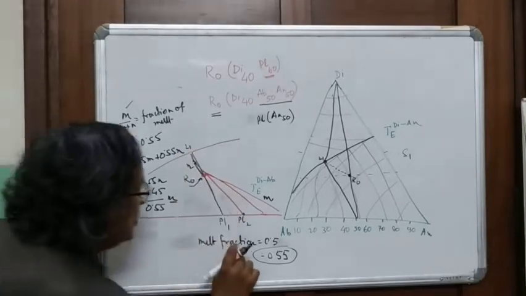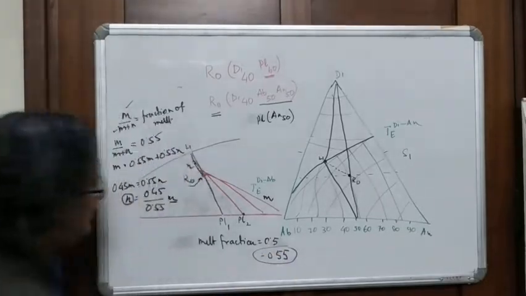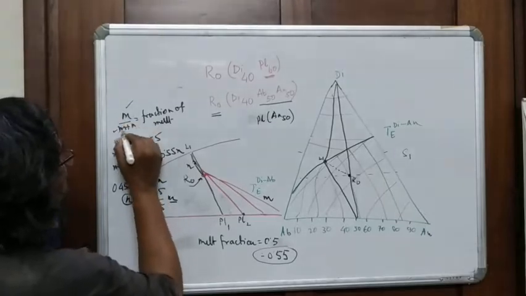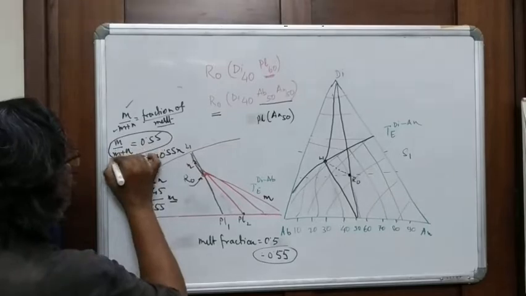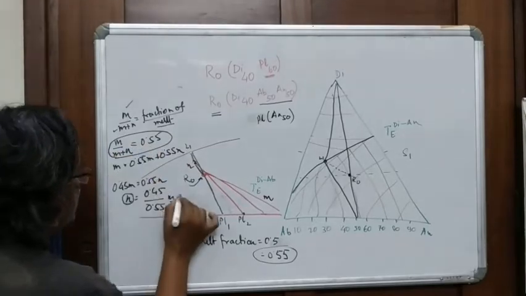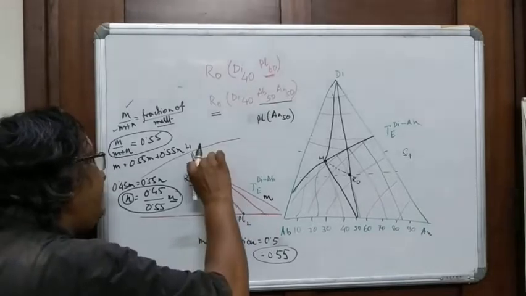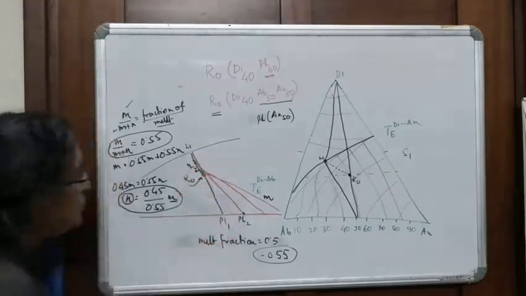So now you want to increase the melt fraction to 0.55. Then you take m divided by m plus n as the fraction of the melt. So you do this, m into 0.55, from which you get this value. So if you know m, you can find out the n. So at the end of n is what is L2.